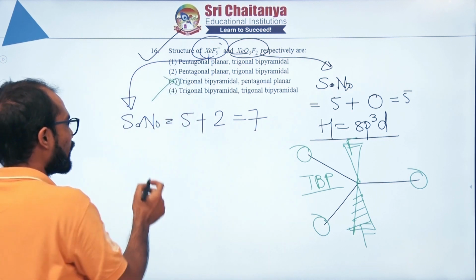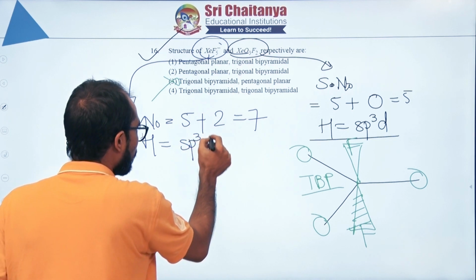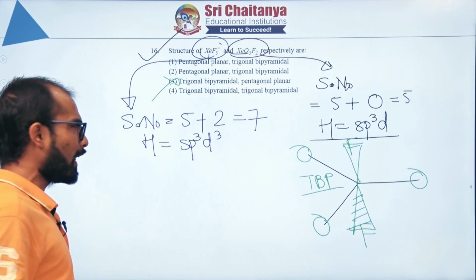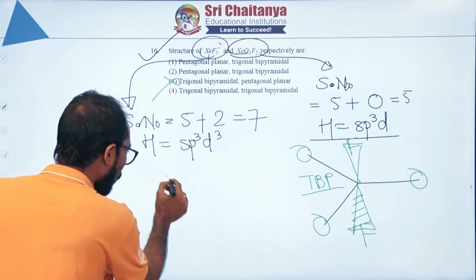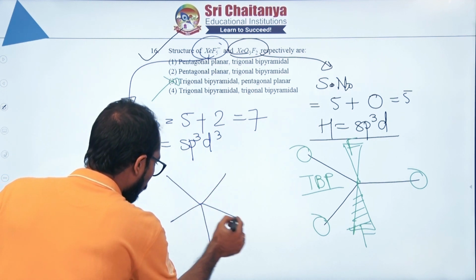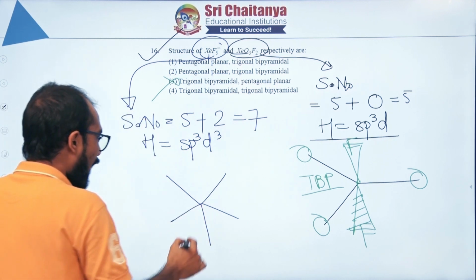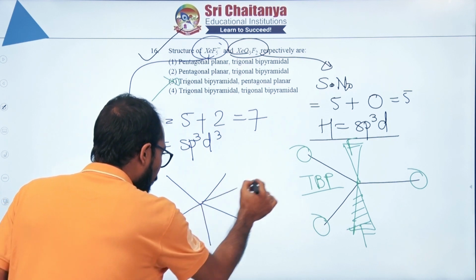Now if the steric number is 7, what hybridization, people? It is sp3d3. And how does sp3d3 hybridization look like? The 5 orbitals will be placed in a plane. When you join them, it will look like a pentagon. They are all in a plane, and 1 orbital coming perpendicular out.